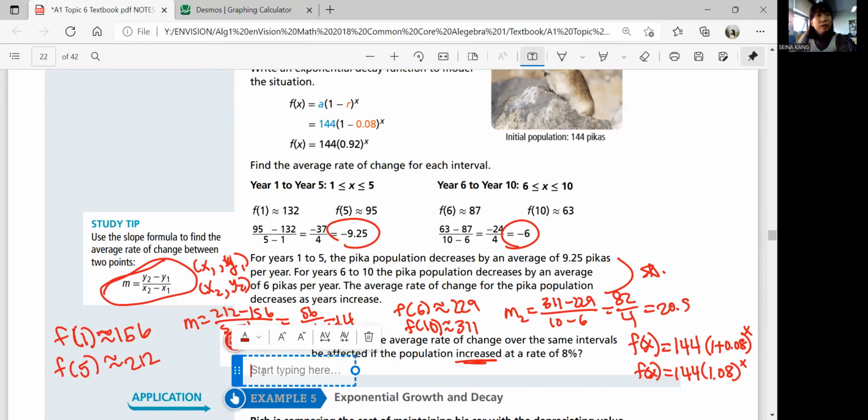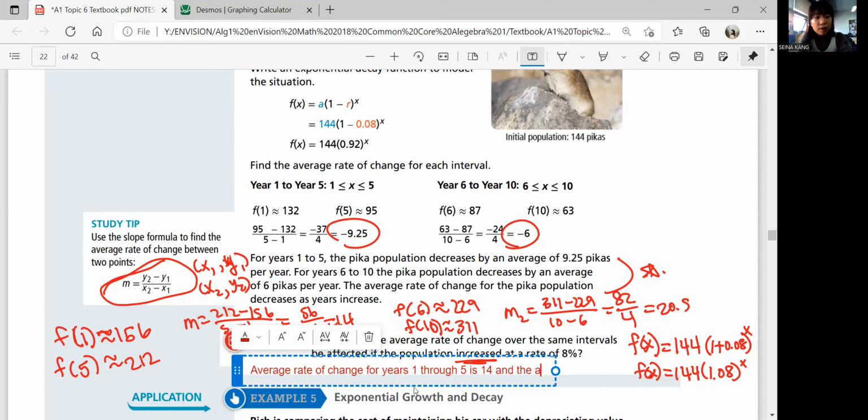How does it change? The average rate of change for years 1 through 5 is 14.